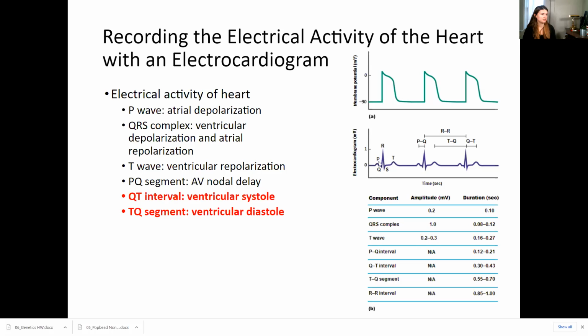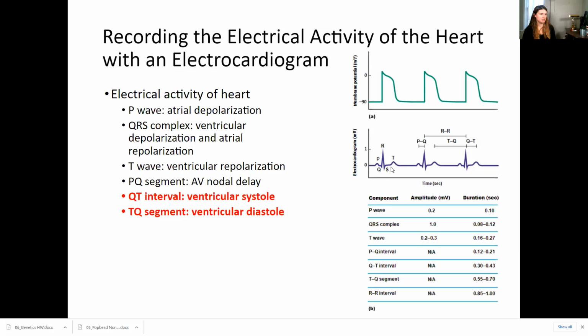Since Q to T is systole, systole is when the ventricles are squeezing. Diastole is when the ventricles are relaxing. I like to remember that because when they dilate your pupils, right? Well, maybe this only helps for people who have to go to the eye doctor, but when they put eye drops in and your pupils dilate, they get bigger, they get relaxed. That's what happens during diastole as well.